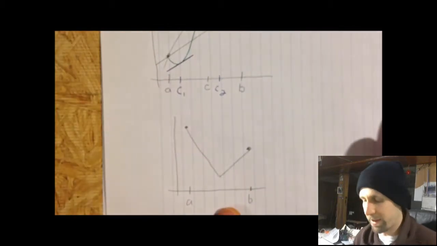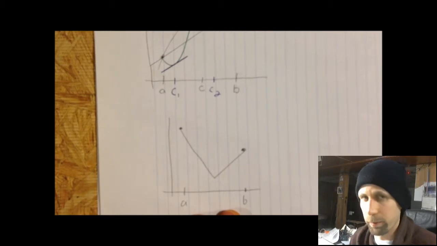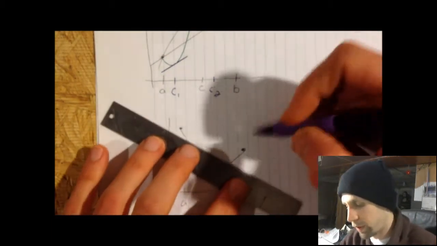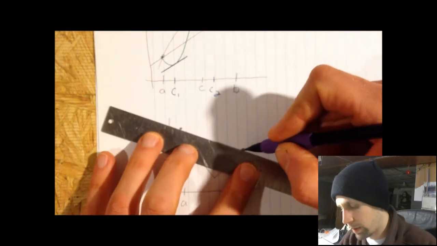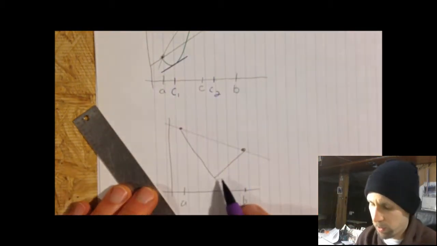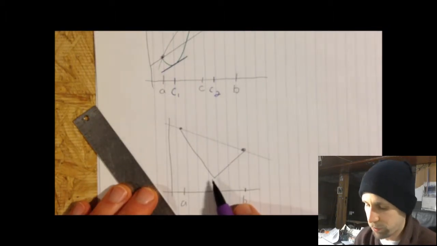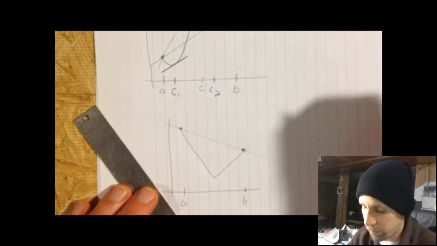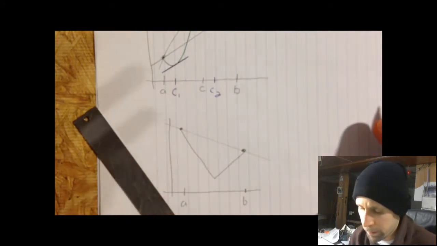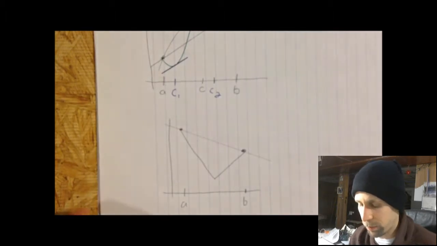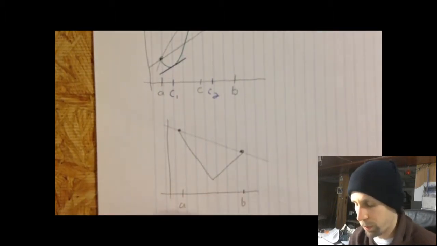This function does not satisfy the hypothesis of the mean value theorem because it's not differentiable. The average rate of change is like so, and yet there's no spot in between where the tangent line has a slope equal to that, because it's just two straight line segments. So that invalidates the hypothesis, and therefore the theorem does not hold for this particular case.